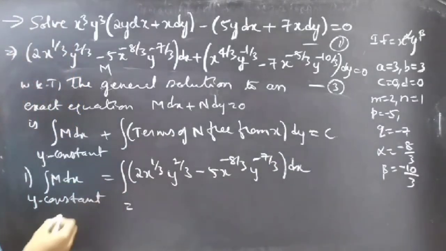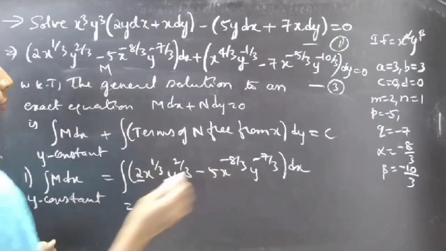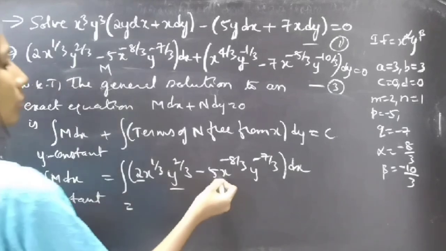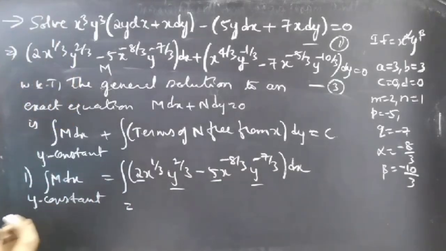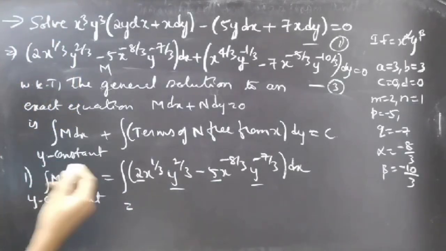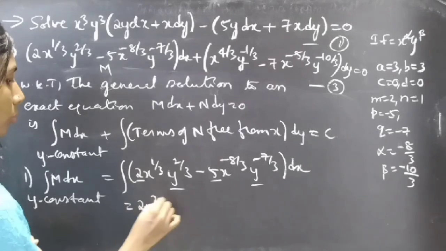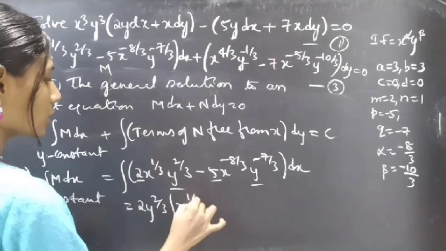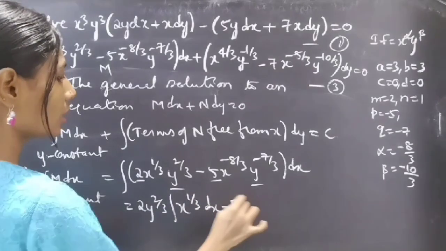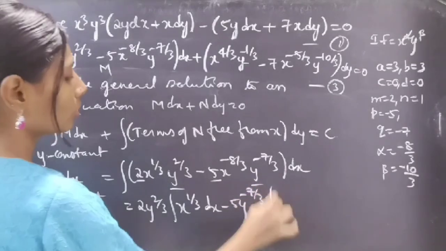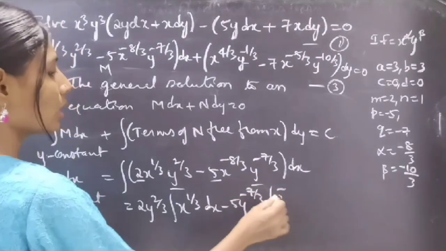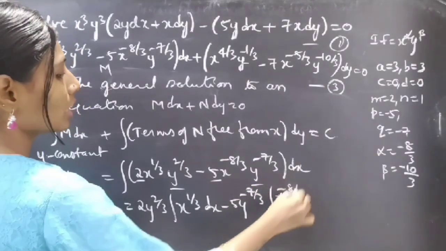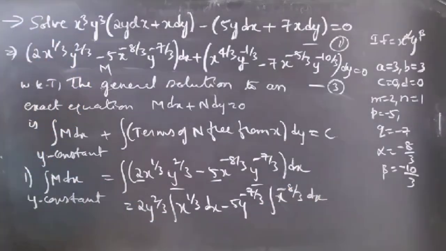So here we have to treat y as constant, right? In the first term, 2 into y power 2 by 3 is constant, and in the second term, minus 5 y power minus 7 by 3 is treated as constant. Now we can write this as 2 y power 2 by 3 into integral x power 1 by 3 dx minus 5 y power minus 7 by 3 into integral x power minus 8 by 3 dx.